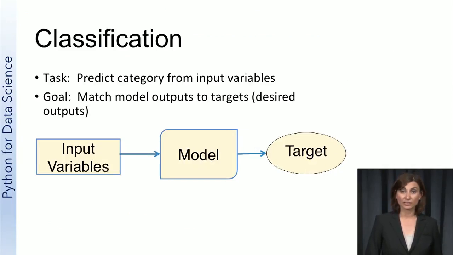Recall that the classification task is to predict the category from the input variables. A classification model processes the input data it receives and provides an output. Since classification is a supervised task, a target or desired output is provided for each sample. The goal is to get the model outputs to match the targets as much as possible.